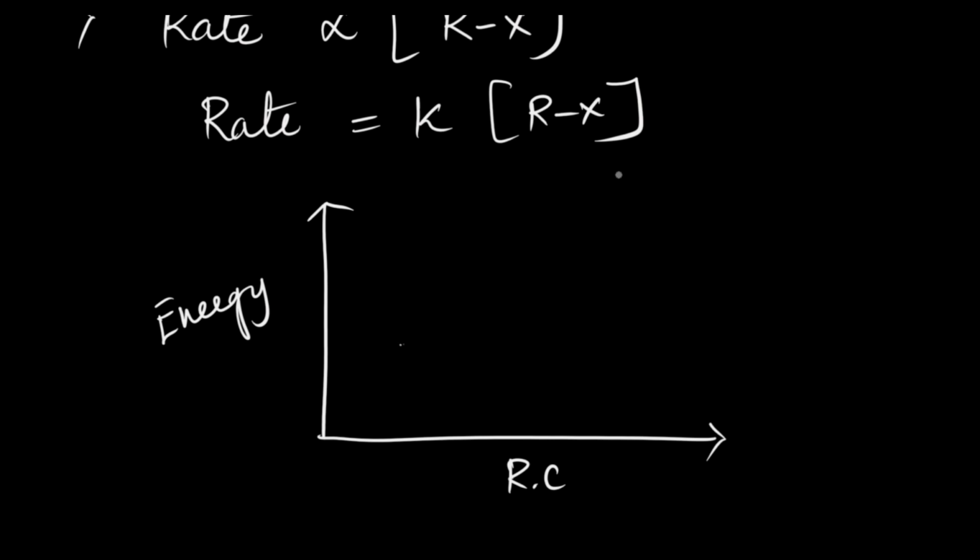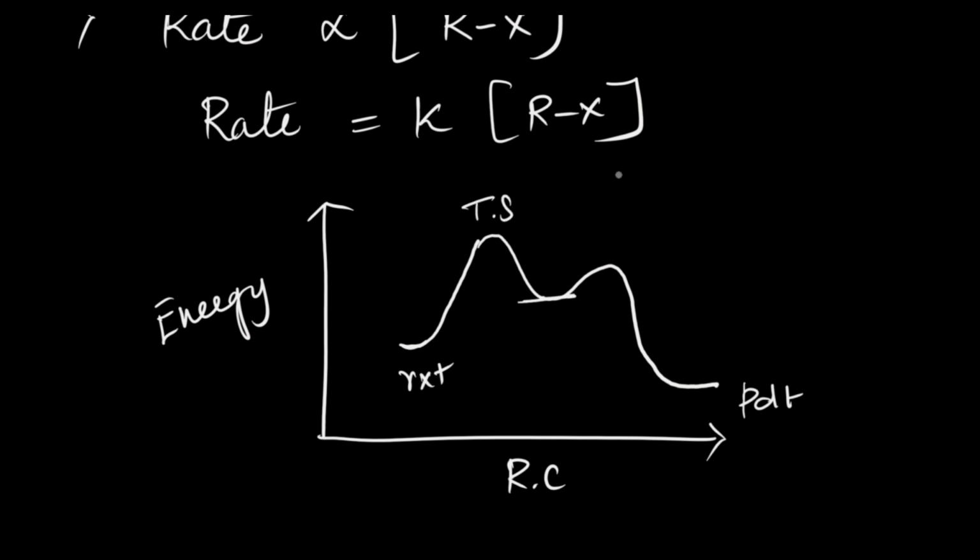The reactant will start and reach a transition state, then an intermediate, and again a transition state to give the product. So this intermediate is the carbocation intermediate, this is transition state 1 and this is transition state 2. Transition states are very short-lived when compared to the intermediates. This is also important.